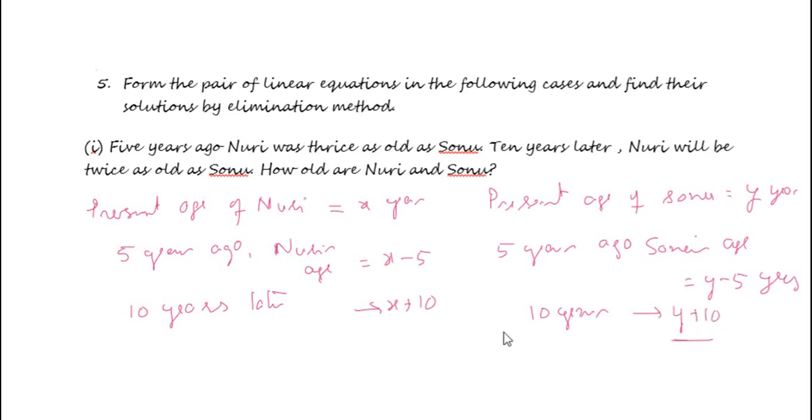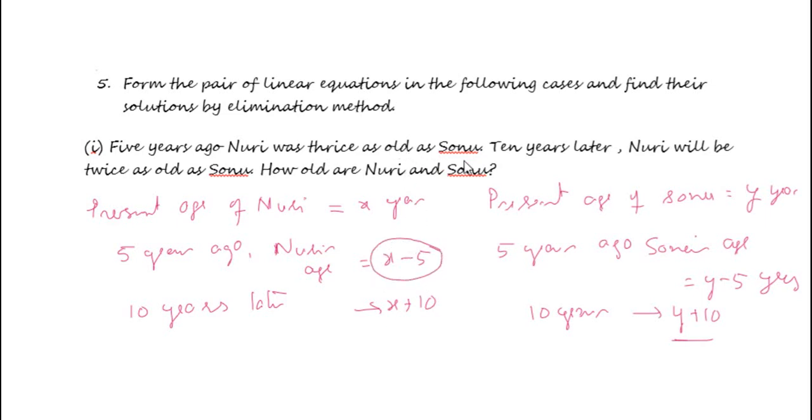So now we know Noori's and Sonu's present age, the age 5 years back, and the age after 10 years. Now it's 5 years ago Noori was thrice as old as Sonu. 5 years ago Noori's age was x minus 5.